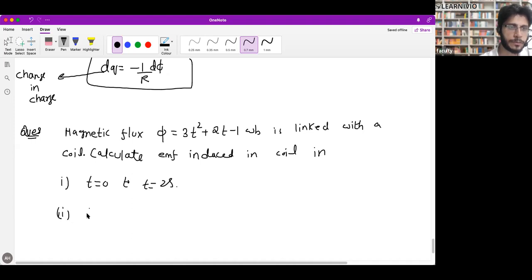Second part, t equal to 2 seconds. So here an interval is given. Where an interval is given, you're supposed to calculate the average EMF. Here an instant is given.